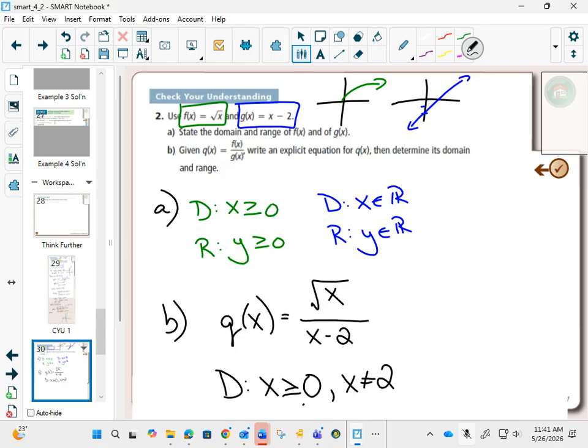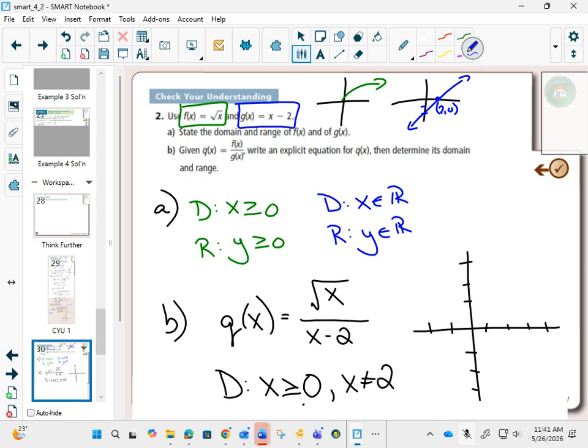Now to figure out the range, we're going to draw this graph as best as we can. What do we know about this graph? First of all, our blue graph is equal to 0 when x is 2. That's a non-permissible value. We know from chapter 2 that on a graph, non-permissible values are either holes or vertical asymptotes.